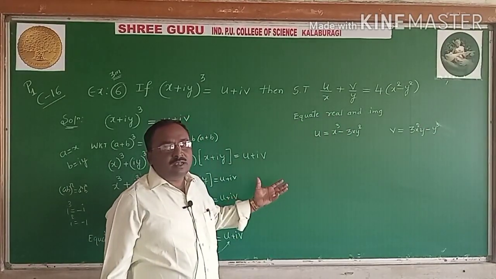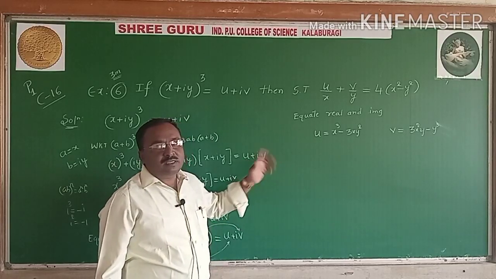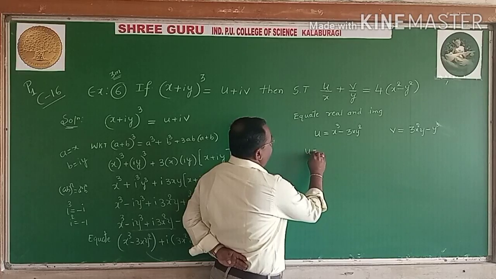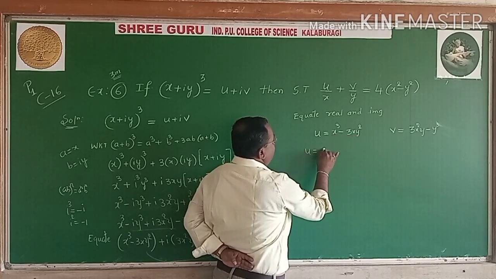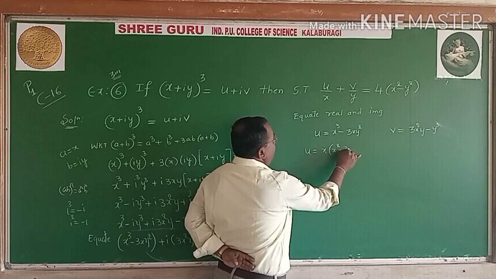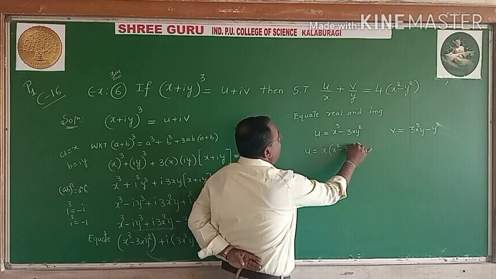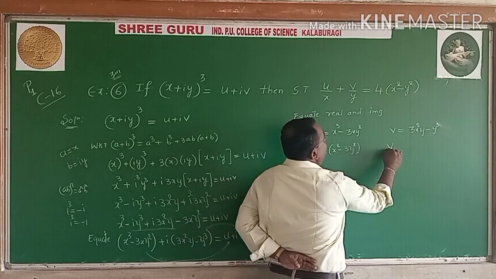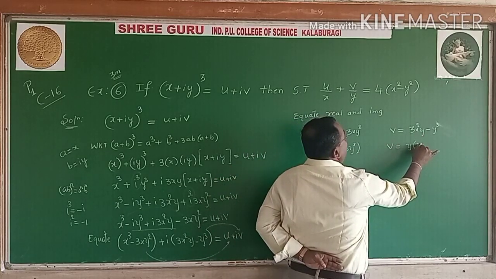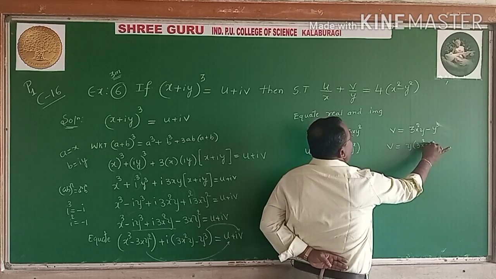Equate real and imaginary parts. That is, u is equal to x taking common, x(x^2 - 3y^2). v is equal to y taking common, y(3x^2 - y^2).